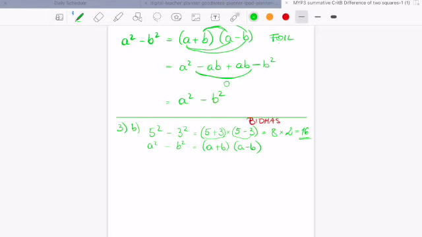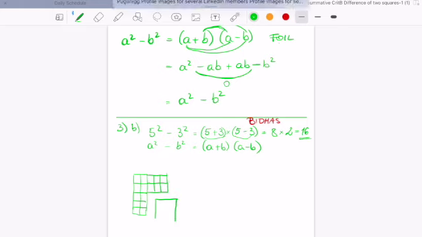And again, I'm going to draw this out. So I have got here something that looks like this. And like this. And there was a square taken out here. That was 3 by 3.